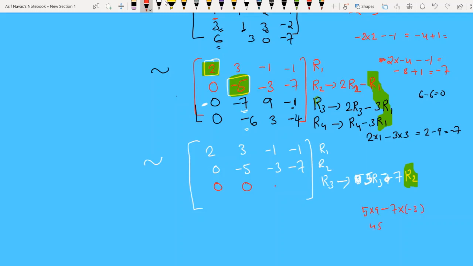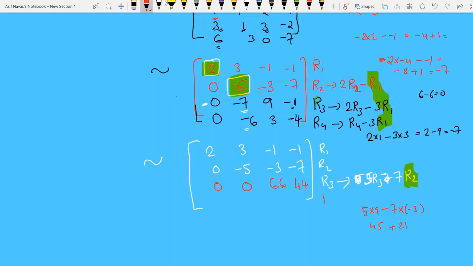So this is 45 plus 21, right? 66. And here 44. Only 44, right?